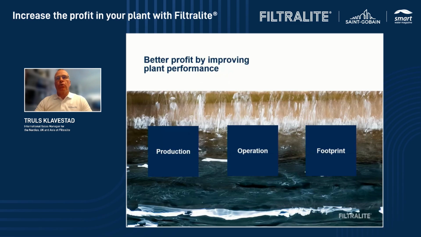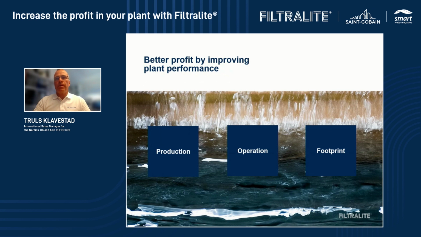We can break this down, as I mentioned, into 3 different parts. We can focus on the production. Some plants are limited by the production, and one way to get more water out of the plant is to change to Filtralite so you can increase the filtration rate and then be able to produce more water. Some plants, we have a case study of that as well, have enough capacity, but they still change to Filtralite to reduce the operating cost.